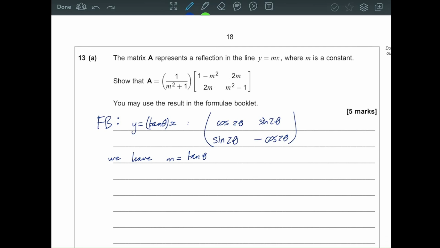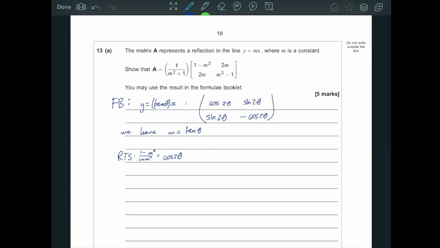So I would quite like to show, so required to show, that 1 minus m squared over 1 plus m squared is cos 2 theta. That would fix the top left and the bottom right components. And I would quite like to show that 2m over 1 plus m squared is sine 2 theta. That would fix the off diagonal.